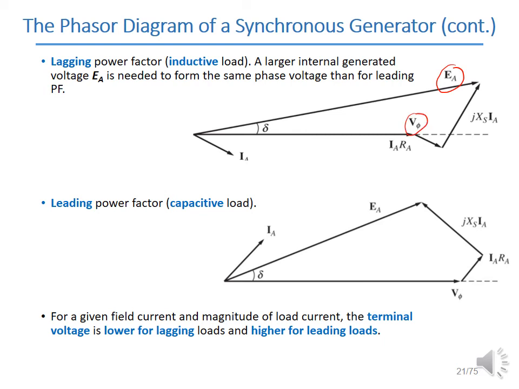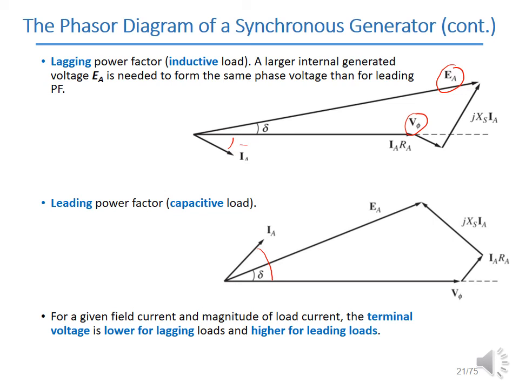A lagging power factor means that the current is lagging the voltage, which is why we get this negative angle for IA. In the next diagram, IA has a positive angle, which means IA is leading the voltage, and therefore we have a leading power factor, which indicates a capacitive load.